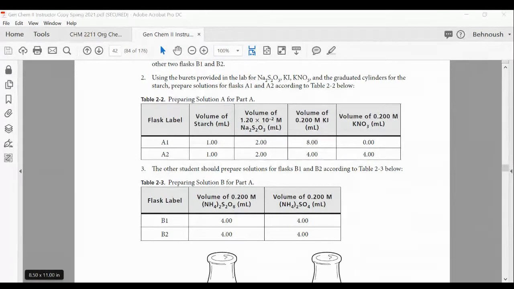For trial 2, remember, you are adding A2 plus B2. What do you have in A2? 1 plus 2 plus 4 plus 4. And for B2, you have 4 plus 4. Okay, please do your math one more time. It's simple math.